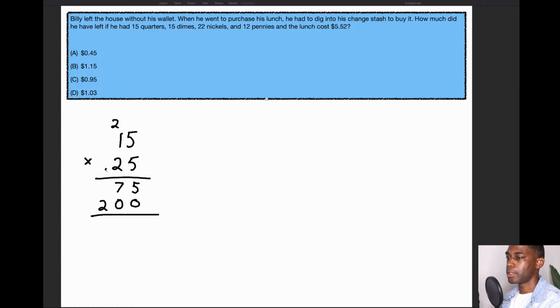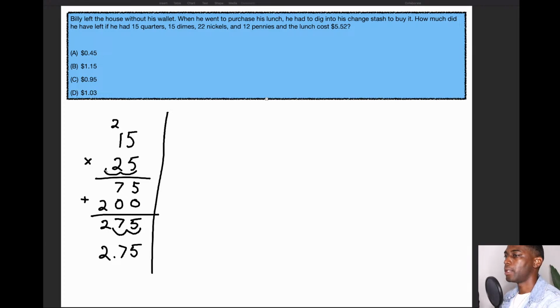We add these together: 275. However, because the decimal is 2 places to the left, we move our decimal 2 places over, giving us $2.75. Can't forget that decimal place. So this is our quarters section.